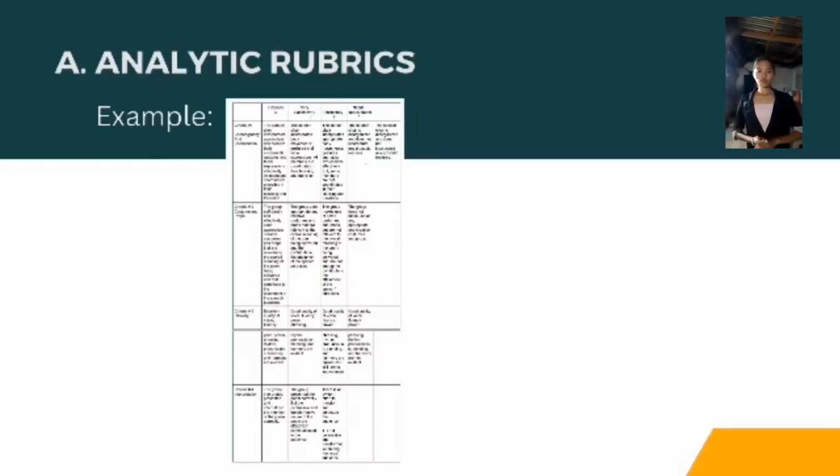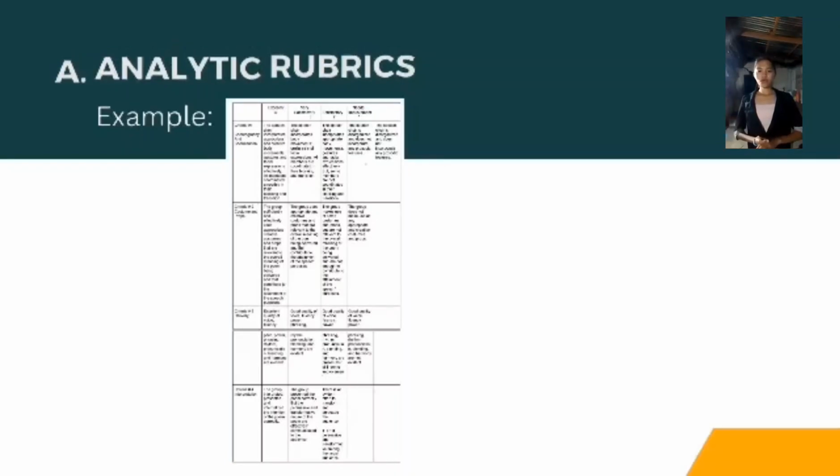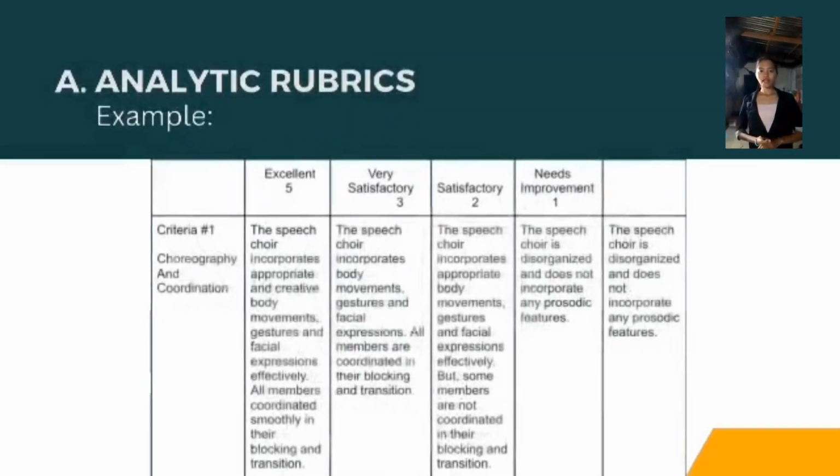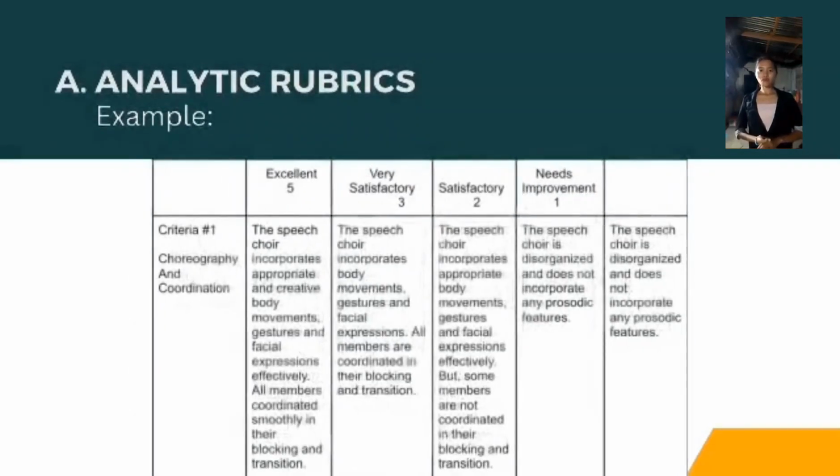There are two types of rubric, the analytic and the holistic rubric. But we will be focusing on the first one, which is the analytic rubric, and on how to create an analytic rubric. So what is an analytic rubric? An analytic rubric is a two-dimensional rubric with a rating scale.